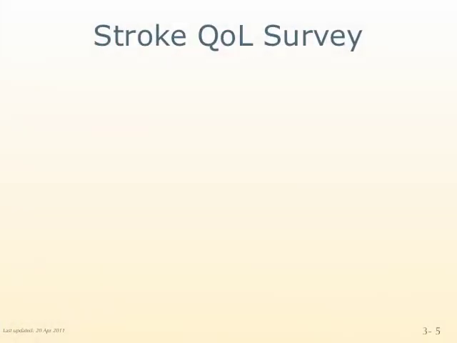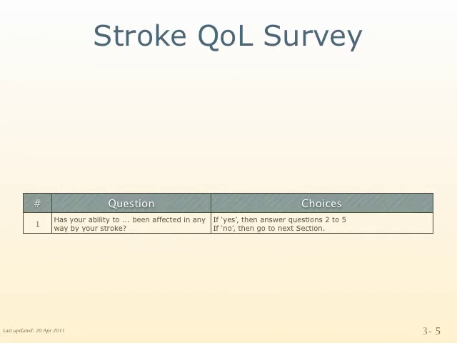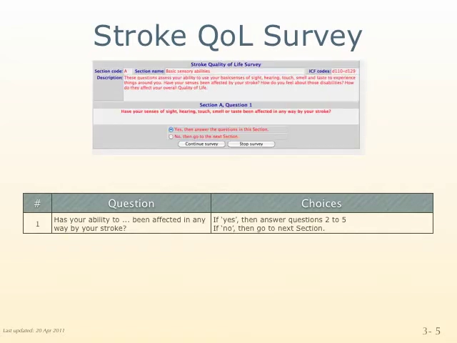I will now briefly describe the 5 questions that will be asked in each section of the Stroke Quality of Life survey, such as the Basic Sensory Abilities section, illustrated here. Here we see a screenshot of question 1, as it might be presented on a personal computer.